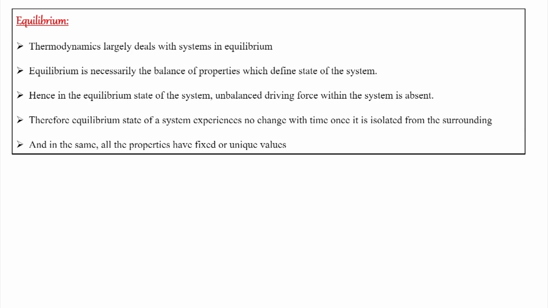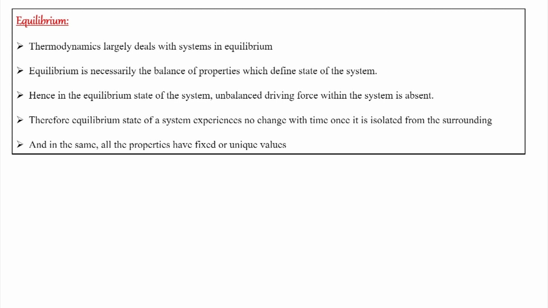Then we have to define equilibrium. In thermodynamics we are mainly dealing with the equilibrium of the system. Thermodynamics largely deals with equilibrium, and equilibrium is necessarily a balance of the properties which are used to define the condition or state of the system.